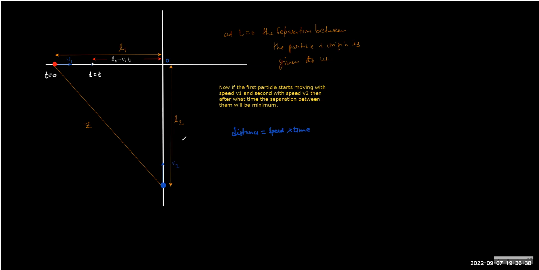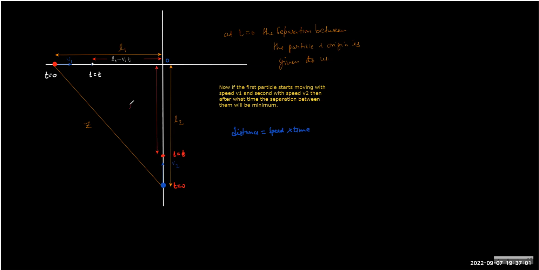Similarly, particle 2 will also travel how much in the same time? v2t. Very good. And if that is the case, then what is your new distance from the origin? L2 minus v2t. Excellent.